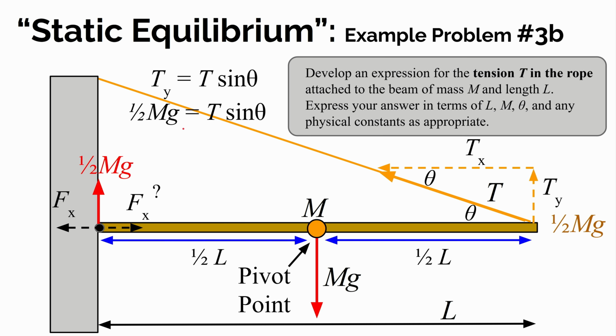So Ty equals the actual tension times sine theta. So all we need to do is divide each side by the sine of theta. And so we get T, or the tension, is equivalent to the weight of the board, m times g, divided by 2 times the sine of theta.